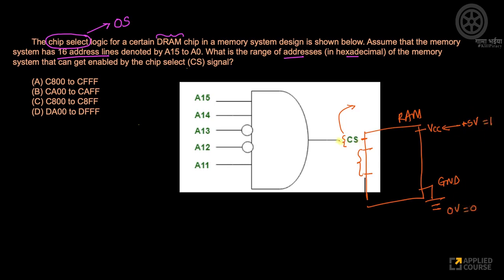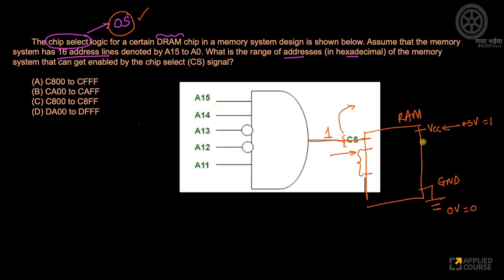So chip select is a very interesting signal. For your RAM chip, chip select basically means that this chip is selected. Only when chip select equals 1 can you actually use the addresses. Again, this has been discussed in lots of detail in the operating systems course, so this question is at the intersection of both these concepts.